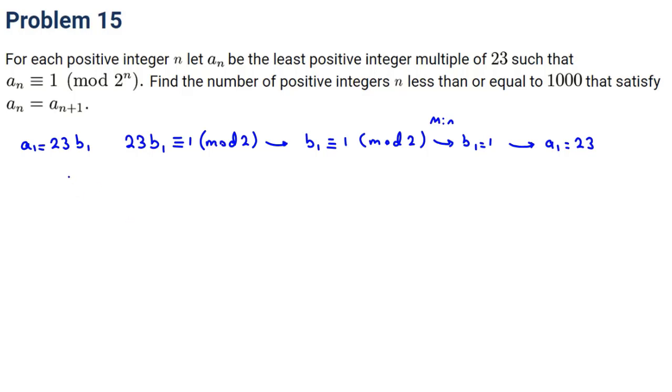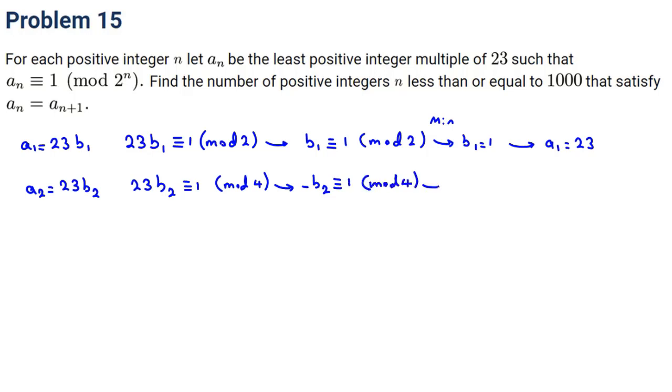Okay, so in the next step, for example, let's find A2. A2 is 23B2. 23B2 mod 4 should be 1 because 2 squared is 4. 23 mod 4 is negative 1. So negative B2 is 1 mod 4.